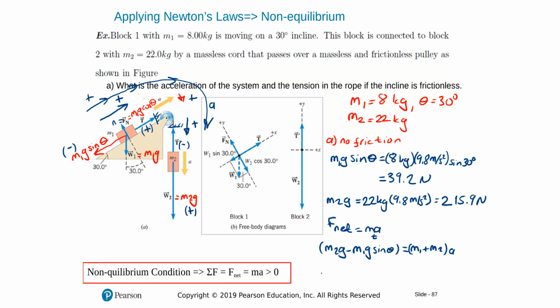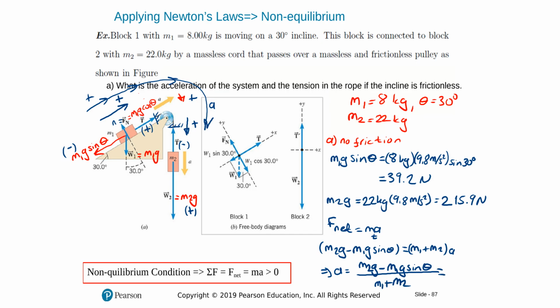Now if I solve for a from here, I'll divide both sides by m1 plus m2. So my a will be equal to, sorry, let me undo that. m2g minus m1g sine theta, divided by m1 plus m2.